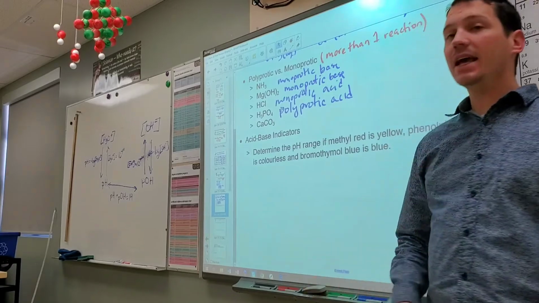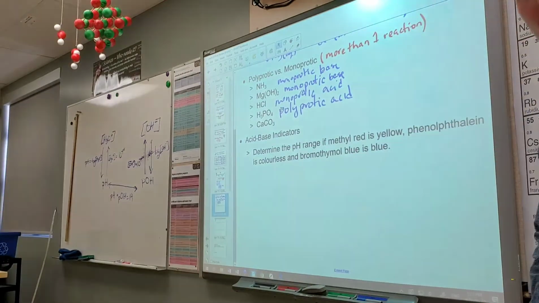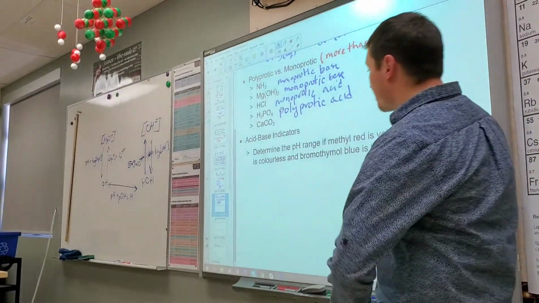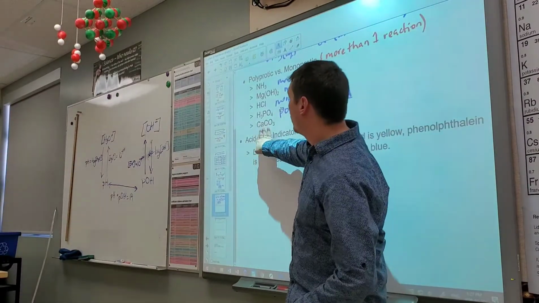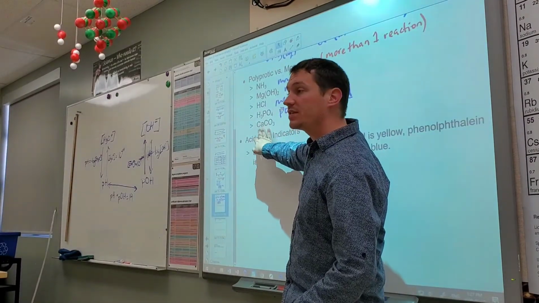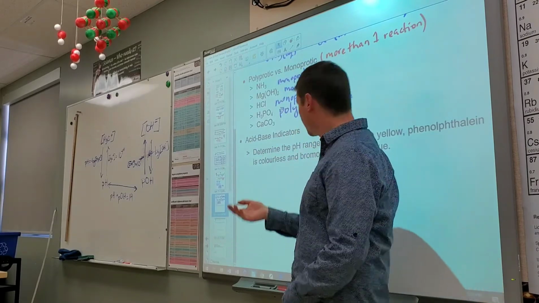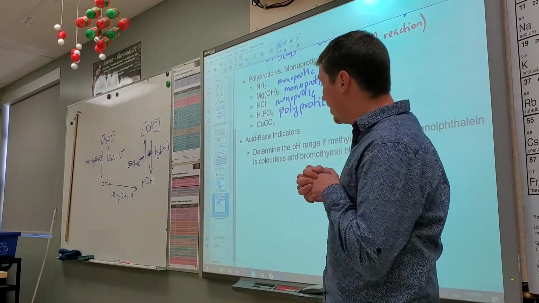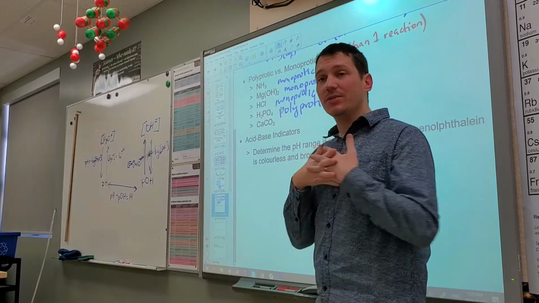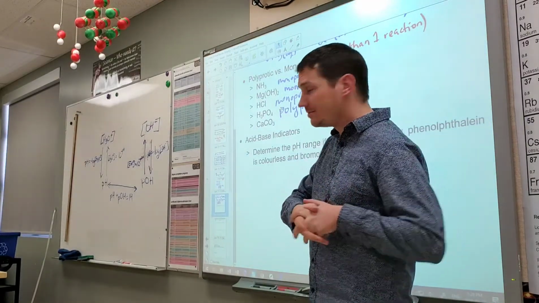What about CaCO3? Take a look at this compound and ask yourself, is it an acid or a base? Is it an acid?